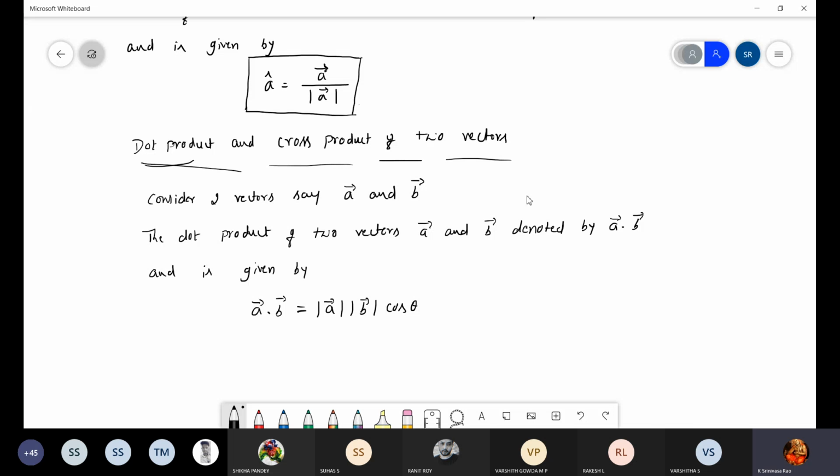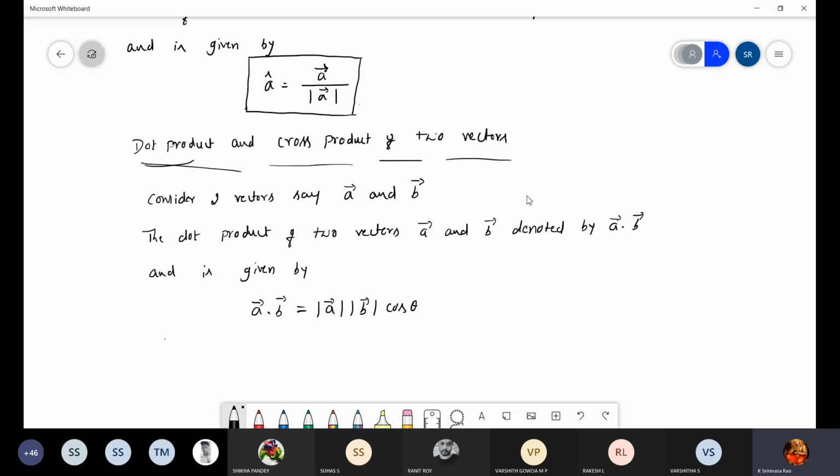This is the definition of dot product. Whatever two vectors you take, calculate the magnitude of the first vector multiplied by the magnitude of the second vector. Magnitude is given by the definition, square root of a1 square plus a2 square plus a3 square. That magnitude you have to calculate. And cos theta, where theta is the angle between these two vectors. This is a dot product.